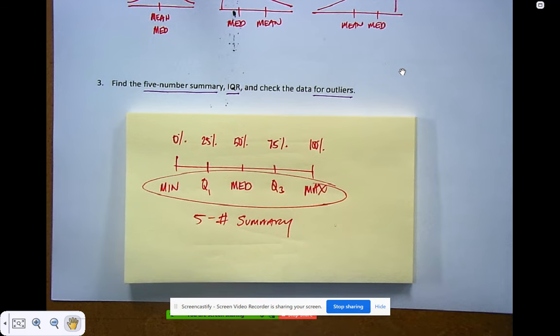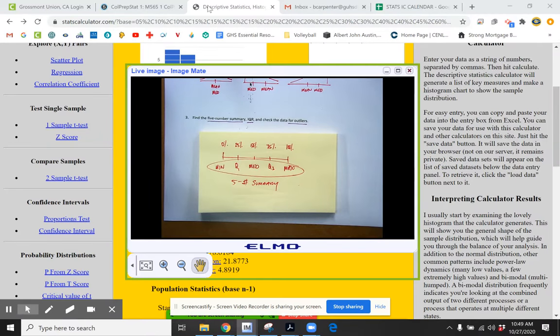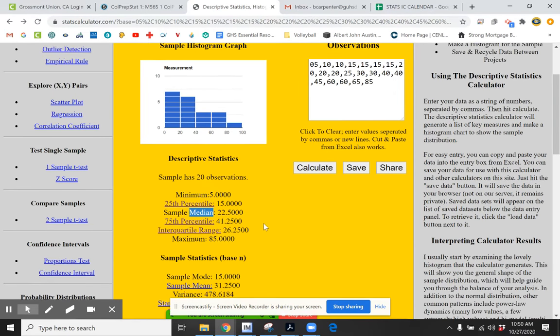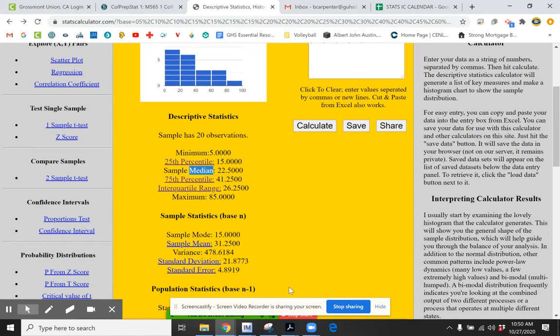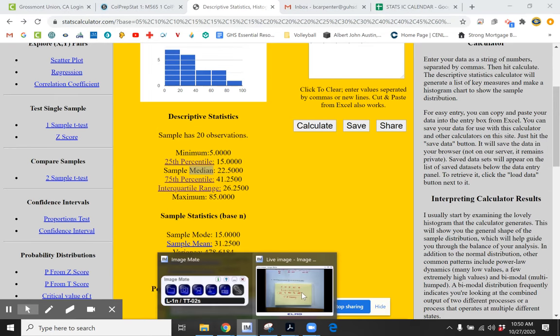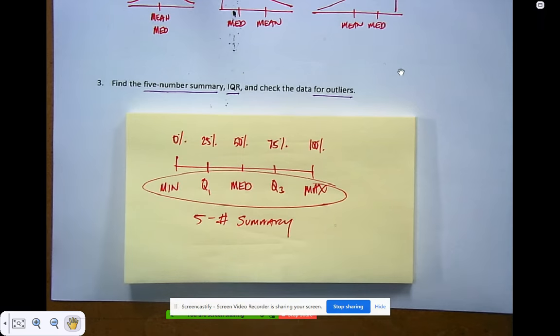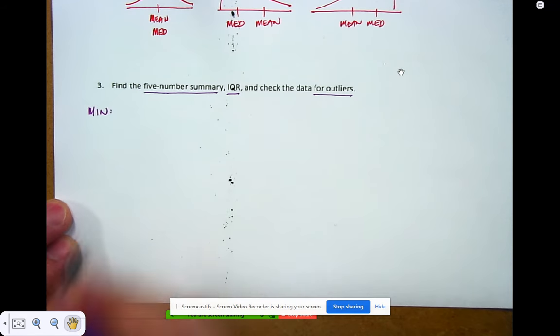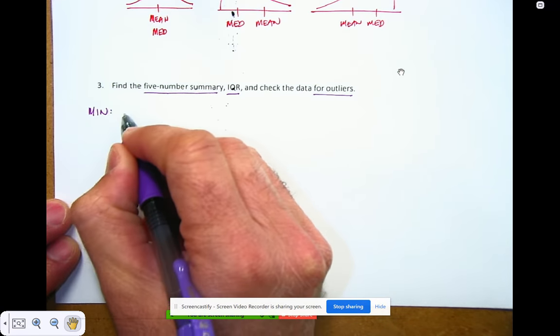Okay? And so when I ask you guys to report the 5-number summary, it's super easy because you know it's just the min, median, max with the quartiles. You go back to your descriptive statistics, and they're all right here on this webpage. So we have it all right there. Okay, all we're going to do is write it back down. So I'm going to take these numbers, and we'll write them down here. So I have that my minimum is 5.